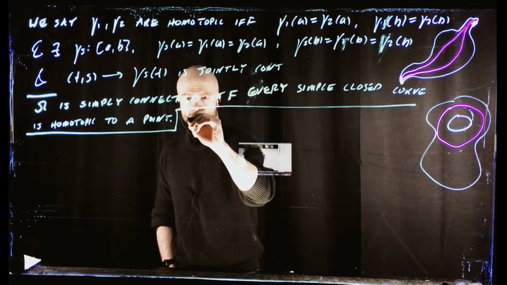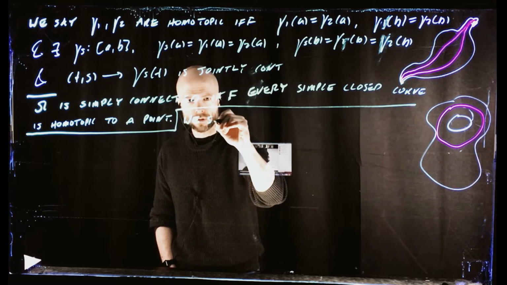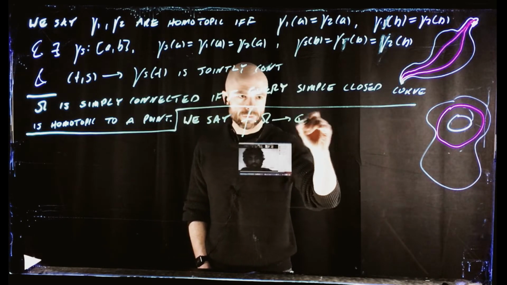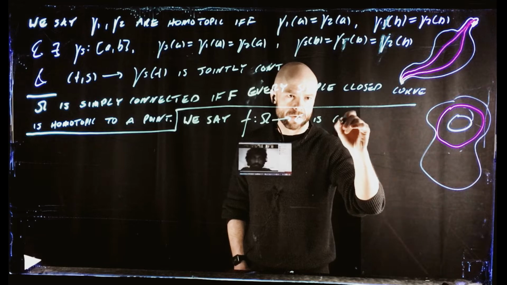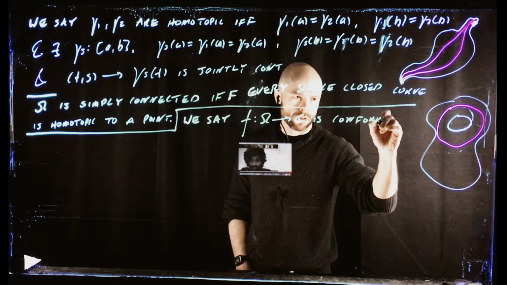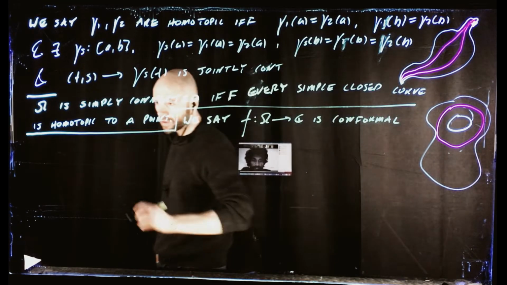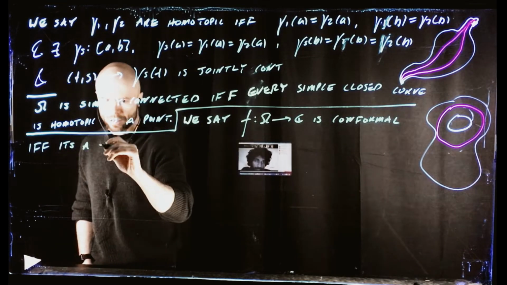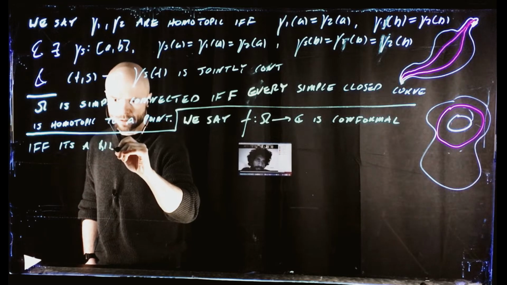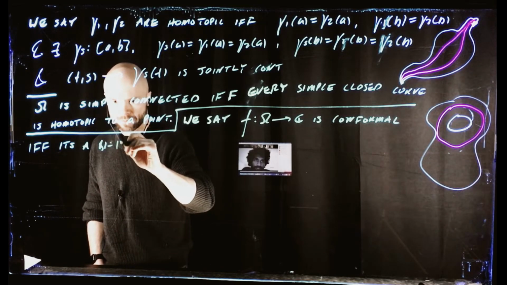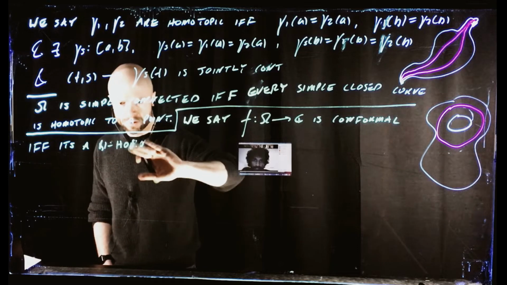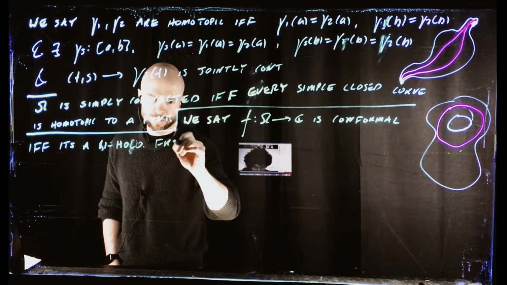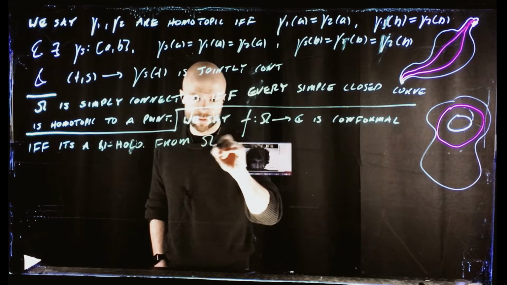So f is conformal if and only if it's a biholomorphic mapping from omega to its image.